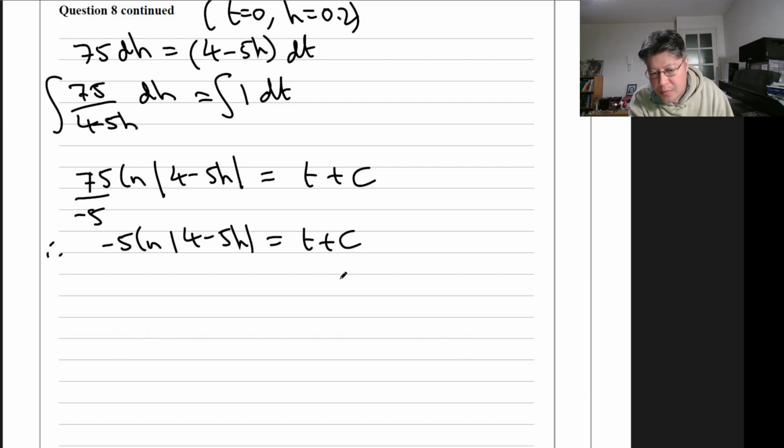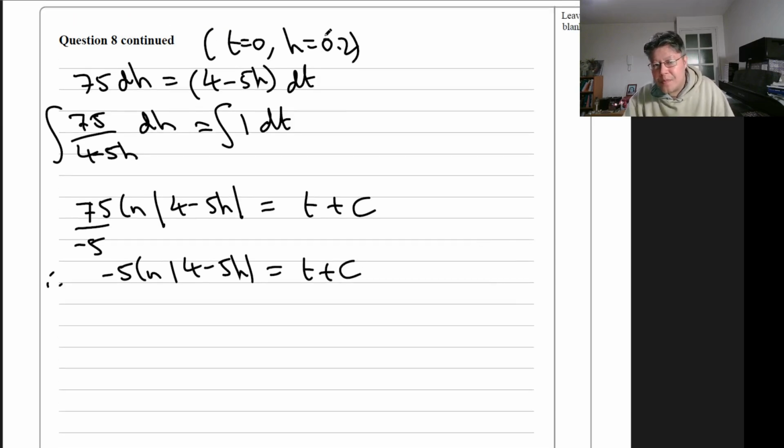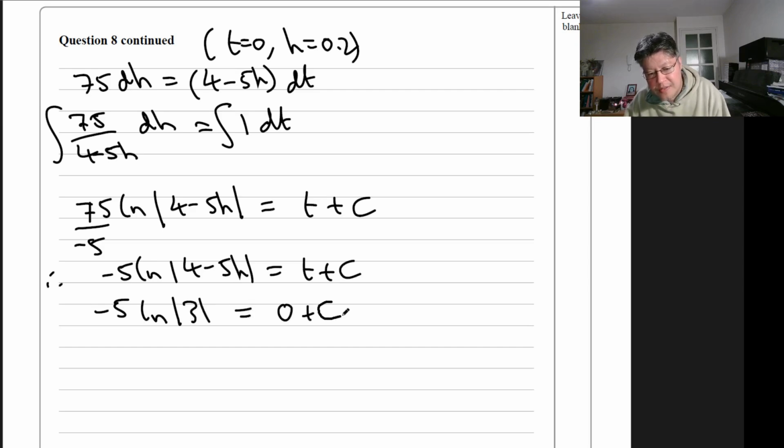And at this point, as soon as we get the plus c, we should work it out straight away. So we'll sub in t is 0 and h is 0.2 to work out the c. So minus 5 ln, let's plug a 0.2 directly in. I'll just use the calculator. So 4 minus 5 times 0.2 is 3. And that should equal 0 plus c.